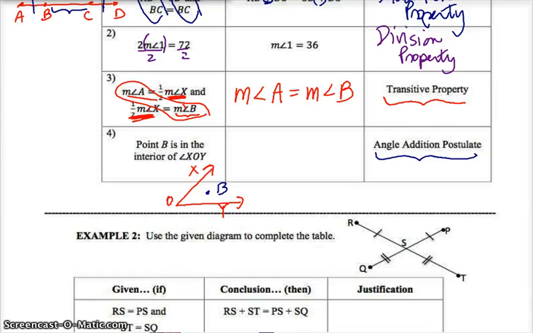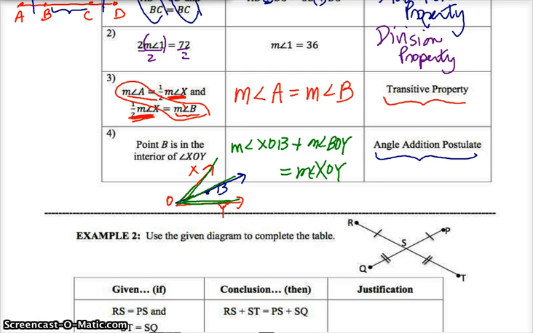So you have to go back into your Rolodex of what you've learned so far and remember what the angle addition postulate tells us. And the angle addition postulate tells us that the measure of angle XOB plus the measure of angle BOY will equal the measure of angle XOY.